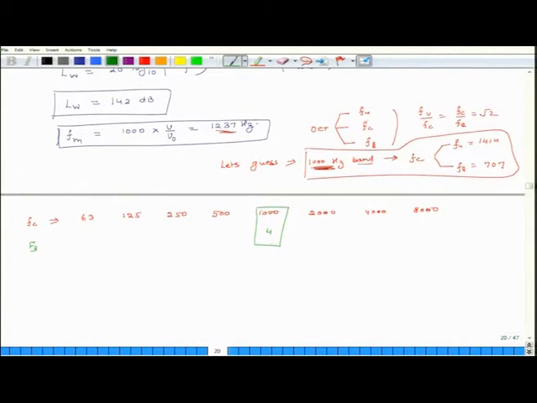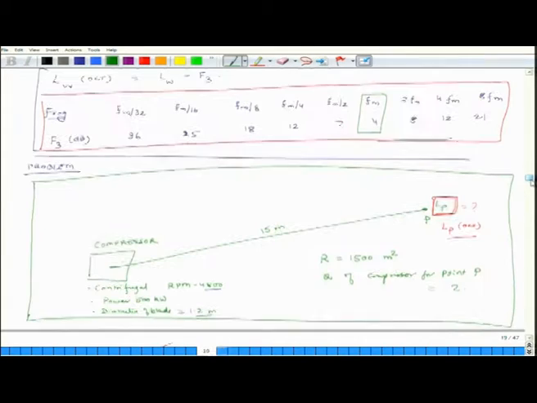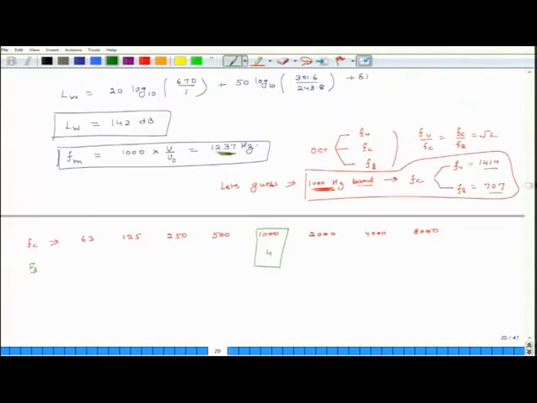The 1000 hertz band, because FM is 1237 hertz, and 1237 is between 707 and 1414. So, FM lies in the 1000 hertz band. And what is the factor associated with FM? 4 decibels. So, I put 4 decibels in the 1000 hertz band.